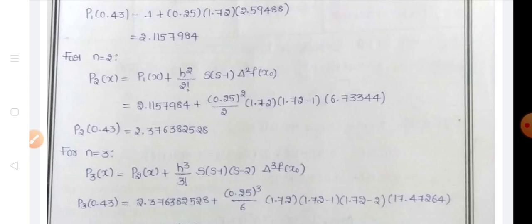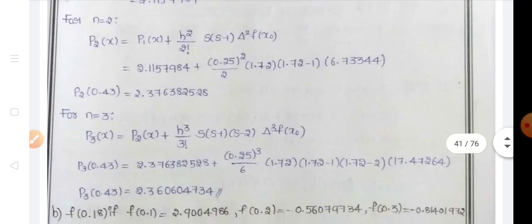Next P3 of x, that is 0.43. P3 of 0.43 is equal to P2 of x, 2.37638258, plus h cube, 0.25 whole cube by 3 factorial, that is 6, s 1.72 into 1.72 minus 1 into 1.72 minus 2 delta cube f of x naught, 17.47264.